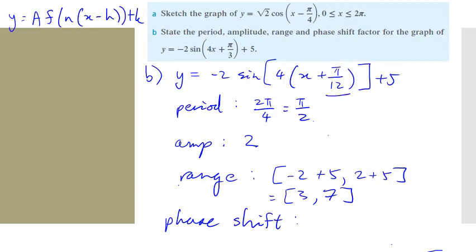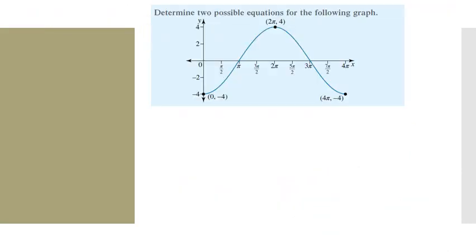Alright, phase shift, that's a plus, so change it to a minus. Alright. So, general form: a f of n(x minus h) plus k.